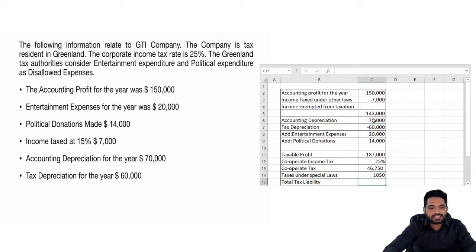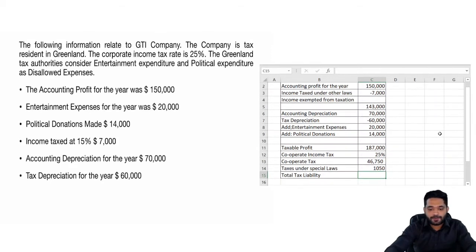So your total tax liability is going to be 46,750 plus 1,050, which is 47,800. Okay, so this is how you calculate the taxable profit and your corporate income tax.